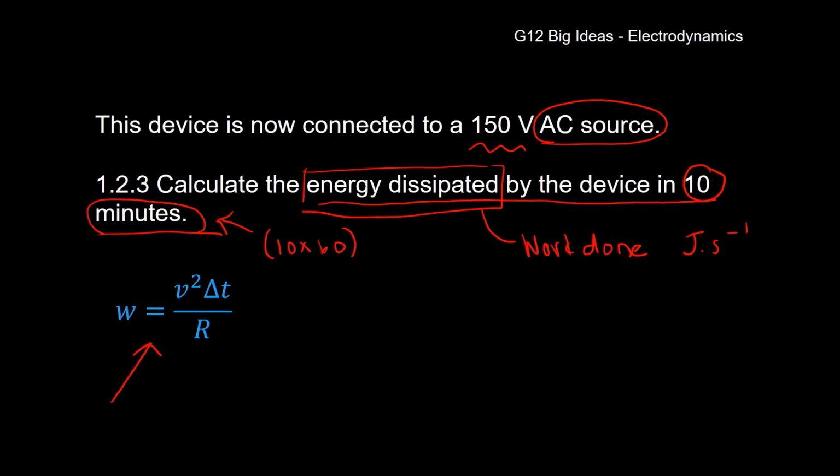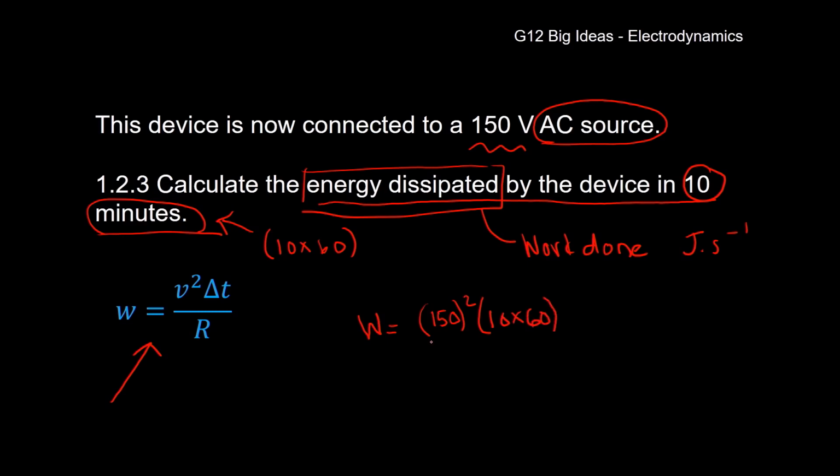So work done or energy transferred, dissipated, is equal to the potential difference of this AC source, which is 150 volt. It is squared. What is my change in time? Well, it's from 0 to 10 minutes, and I have to change the 10 minutes into seconds. So I times that by 60.